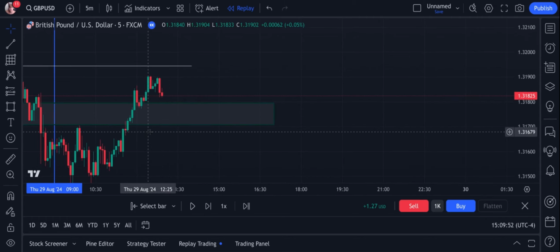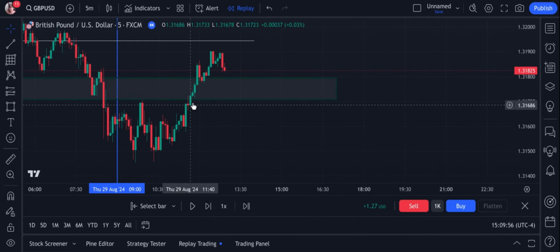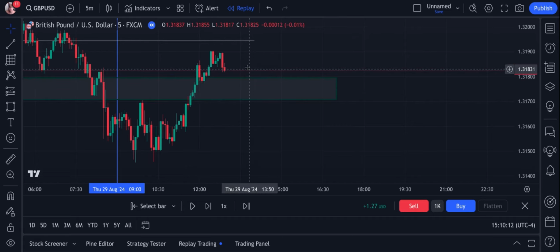This is a little late in the session, and I consider this price coming above the 1 hour fair value gap to be considered an invalid fair value gap. So I don't even really use this fair value gap unless potentially there was another fair value gap that happened in this range, and it became like a double imbalance.